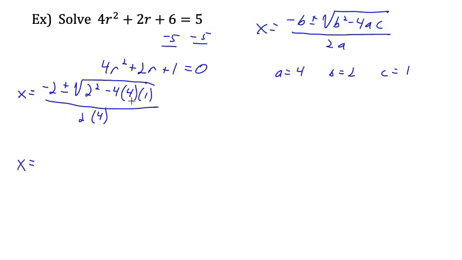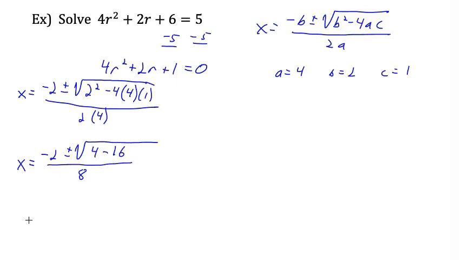Let's continue simplifying underneath the square root sign. 2 squared equals 4. This is going to stay negative because there's only one negative number here, so I'm just going to put my negative sign there. We have -4 times 4 is -16 times 1 is -16. So 4 minus 16, all of that over 8.